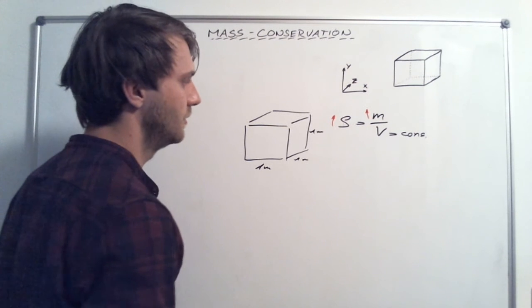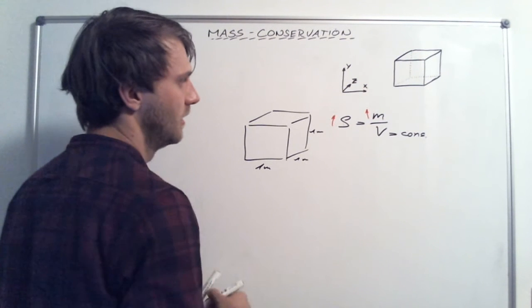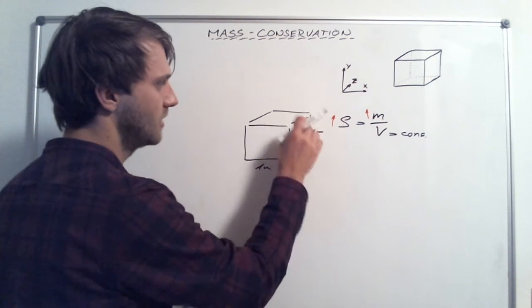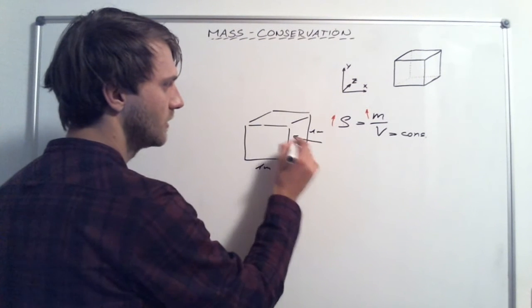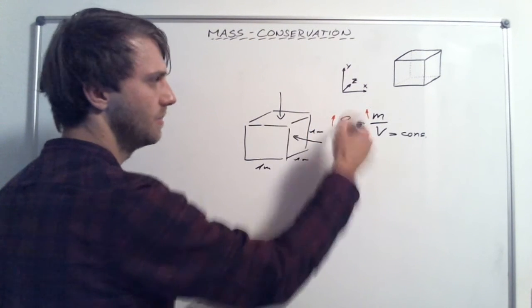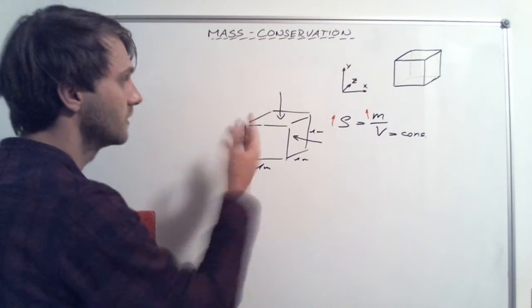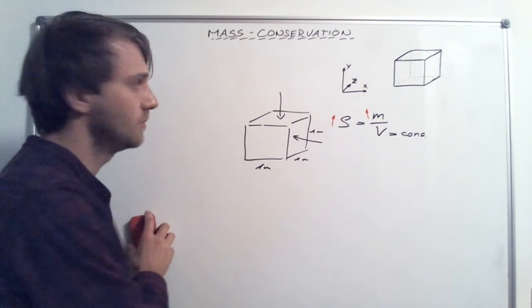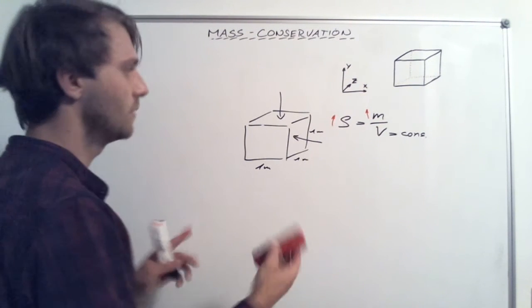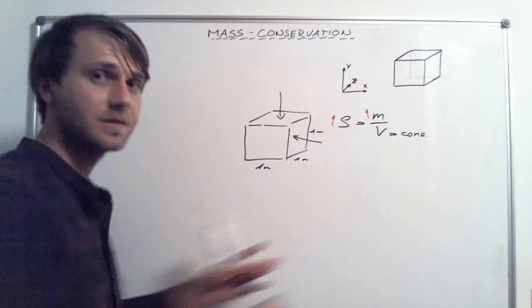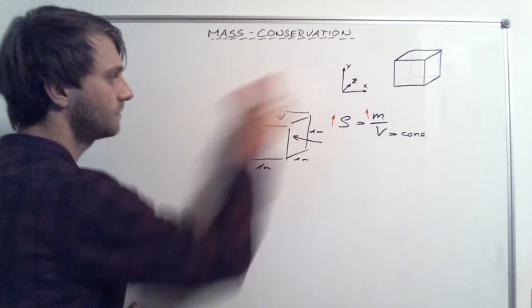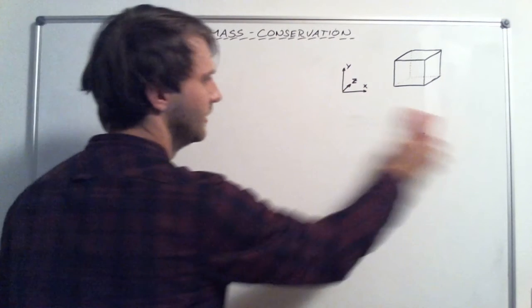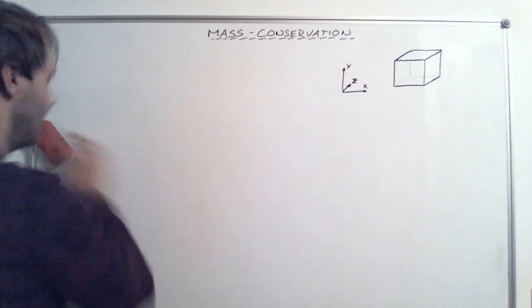Due to the fact that we have a certain amount of mass inside, mass should enter through the face to compensate this. So finally mass has to be conserved. The first thing was everything going in is going out, and here the mass has to be conserved due to that. And we will now derive the mass conservation equation.